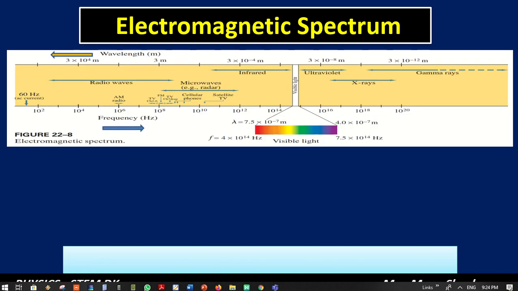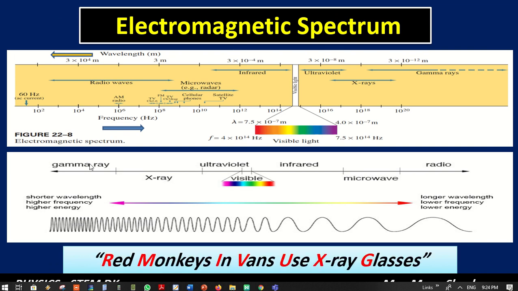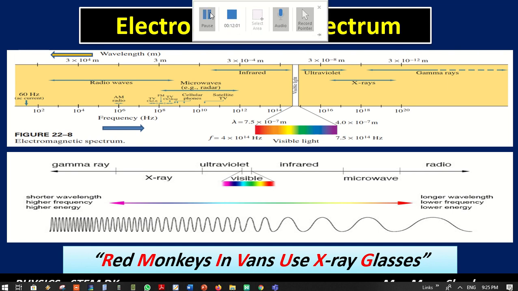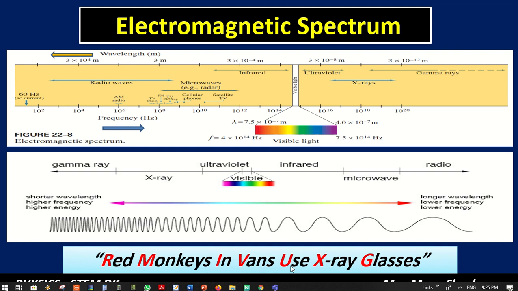Okay, the electromagnetic spectrum forms from these regions. I collected them in this statement: Read monkeys in vans used X-ray glasses. Radio waves, microwave, infrared, visible light, ultraviolet, X-rays, and finally gamma rays. In the gamma ray region there is a shorter wavelength, and the electromagnetic radiation in this region has higher energy and higher frequency.